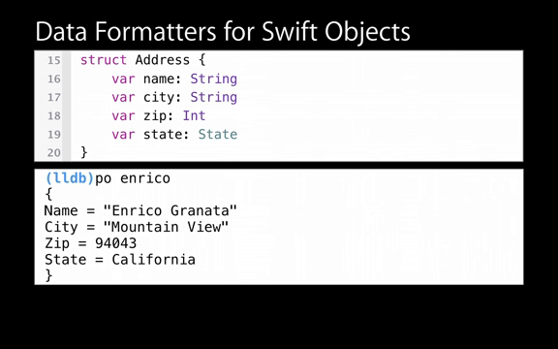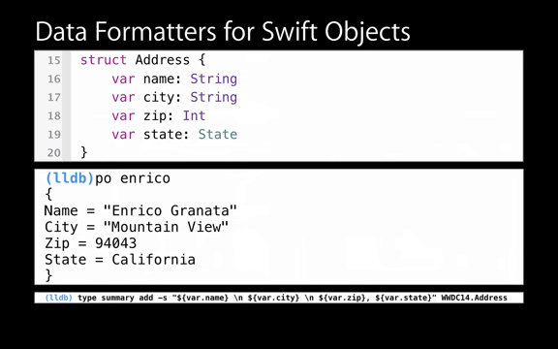I want this to look a little bit more like I was writing my address on an envelope. I can do that with the lldb type summary add command. The type summary add command is lldb's command to say, when you're showing me a variable of this type, here's the at-a-glance information I'd like to see represented.